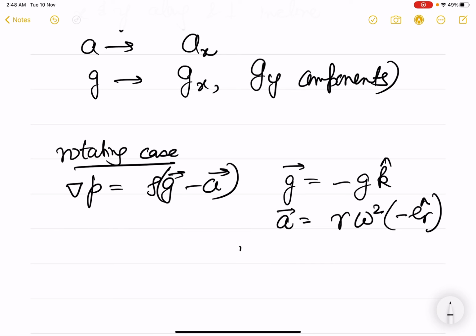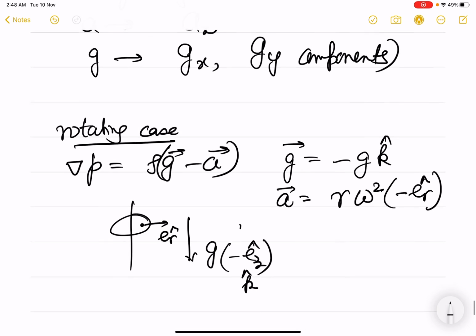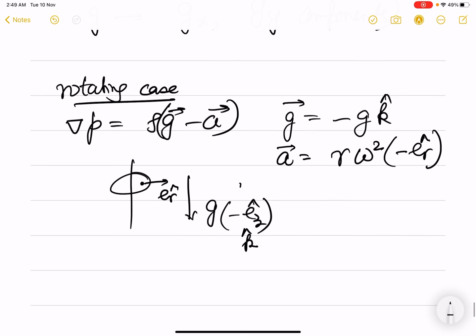So if something is rotating like this, then this is the er direction which is going out, and g is in the minus ez direction or k direction. So g is equal to minus gk, and acceleration is pointing inwards, equal to minus r omega square er.